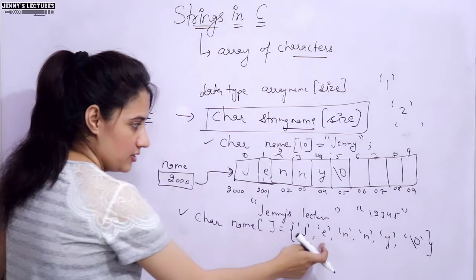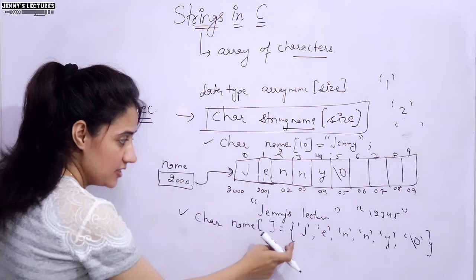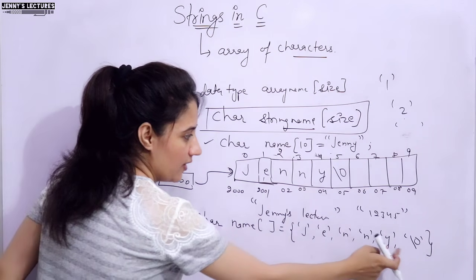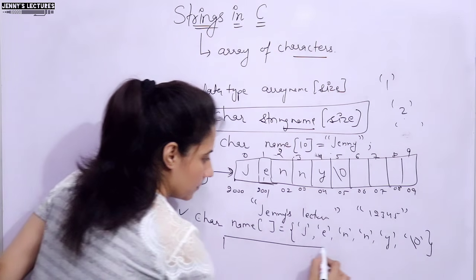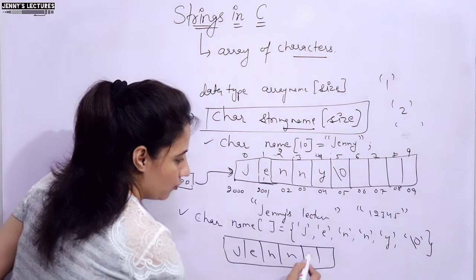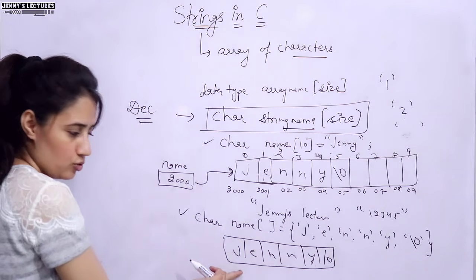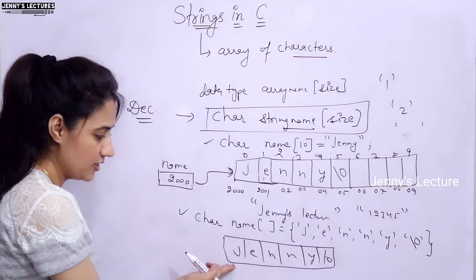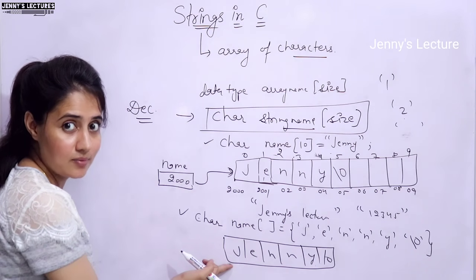So how is this going to be stored? The size in this case would be 1, 2, 3, 4, 5, 6. JENNY and at last null. So only 6 bytes are allocated, right?